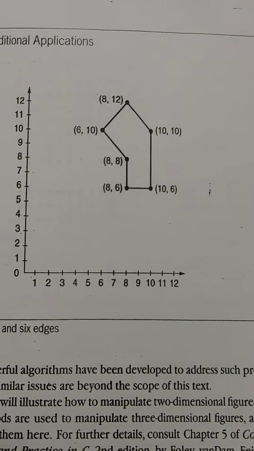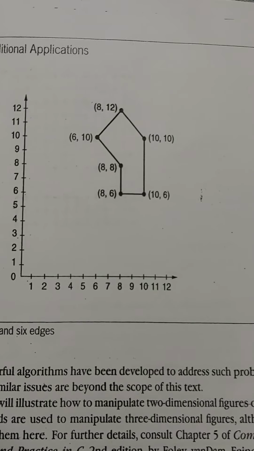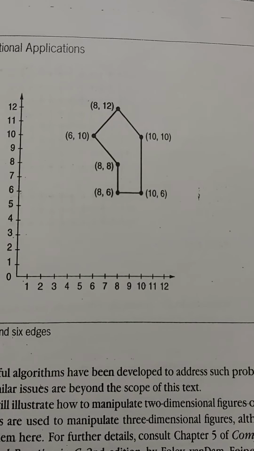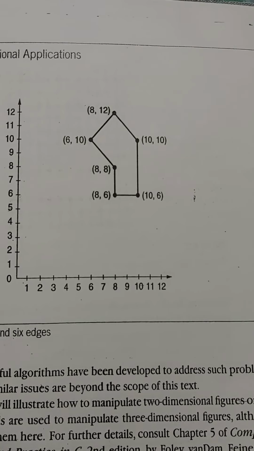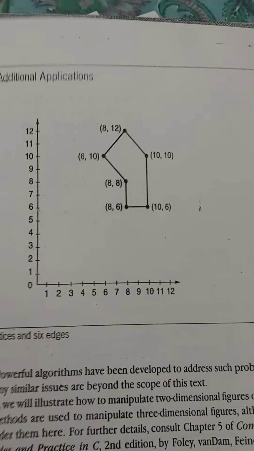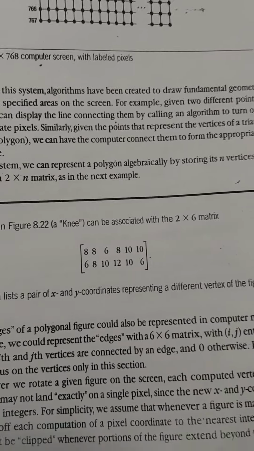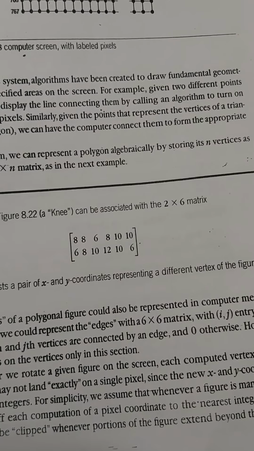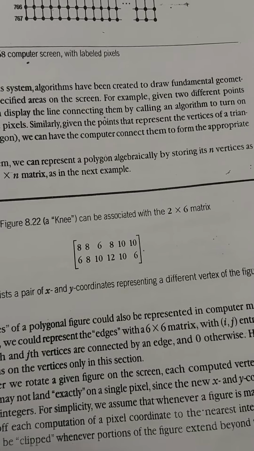Okay, so we will represent this figure by a matrix first. Suppose, look at the coordinates: 8 6, 8 8, 6 10, 8 12, 10 10 and 10 6. So how do we represent this by a matrix? We will represent this figure by a 2 cross 6 matrix. Clear? Number of rows are 2, number of columns are 6.